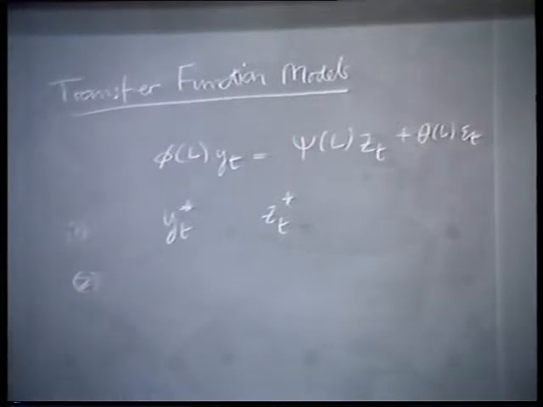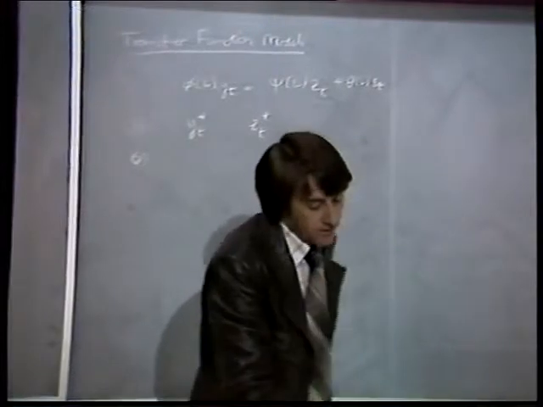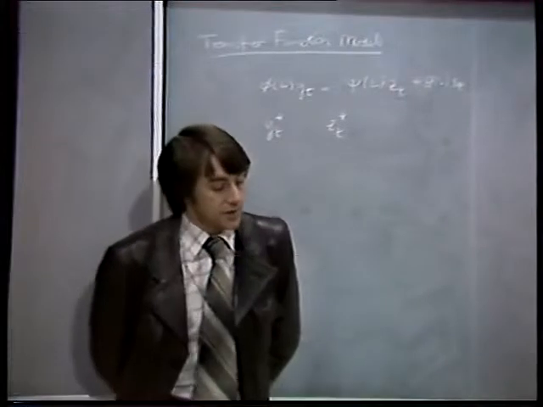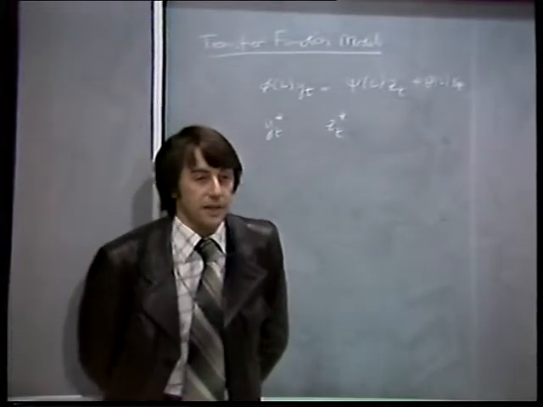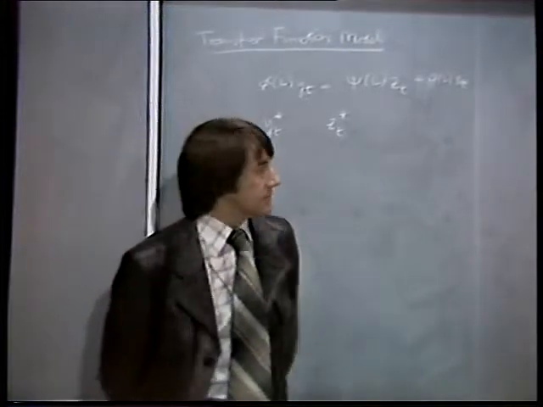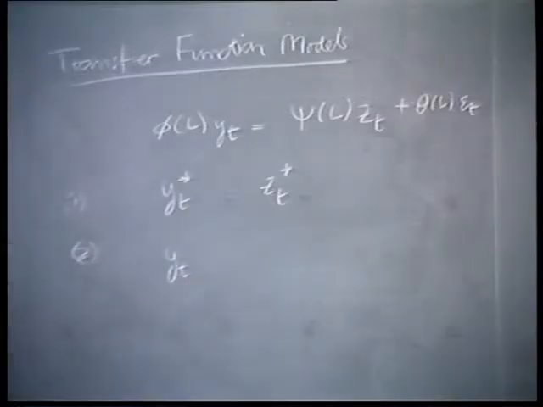The second point is that, among others, Granger and Newbold have argued strongly that, especially for economic time series which have large trend components, it's very easy to get nonsense or spurious regression results. In other words, we just arbitrarily almost took the dependent variable y_t, which had a very strong trend, and an explanatory variable z_t, which also had a very strong trend, and performed a linear regression of the relationship between them.